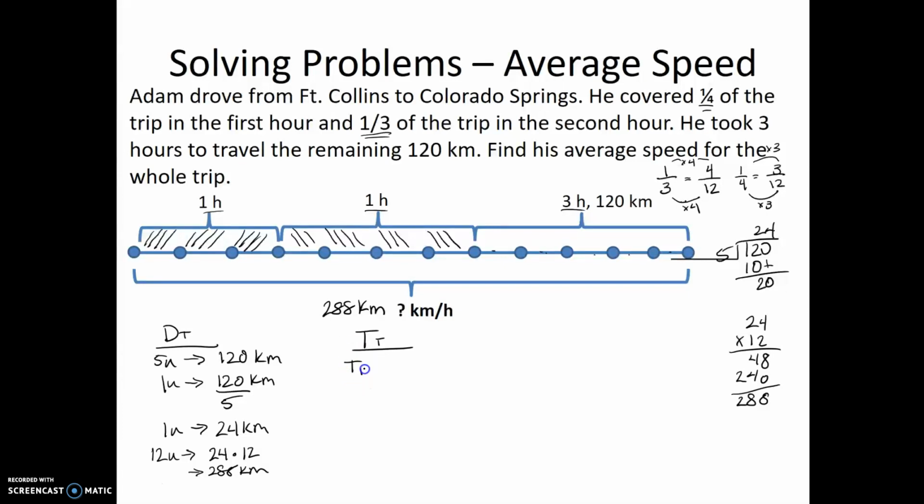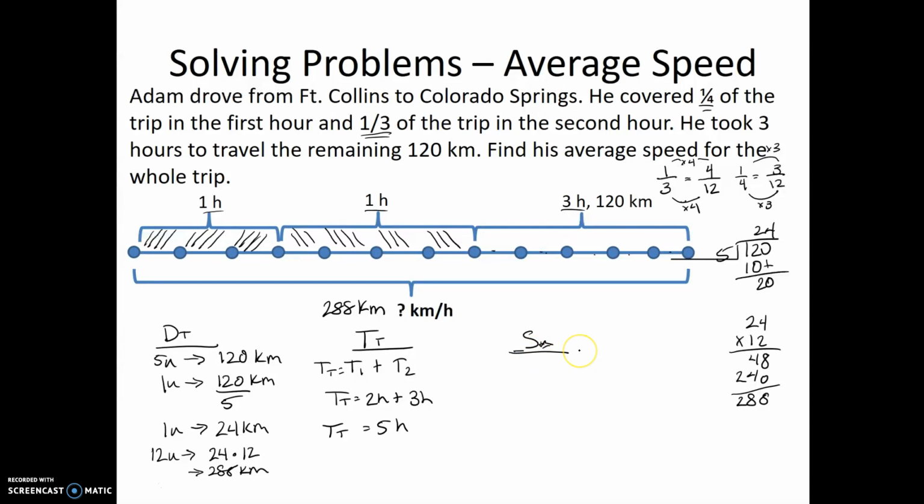So let's just do time 1 plus time 2. Time 1 is 2 hours, and time 2 is 3 hours. So my total time is 5 hours. My question is, find average speed for the whole trip. So I am all set up to do that now, because I have my total time and my total distance.